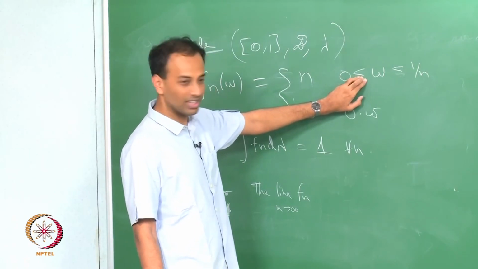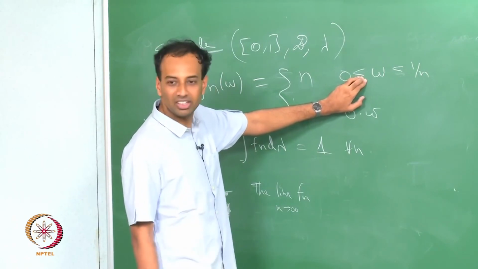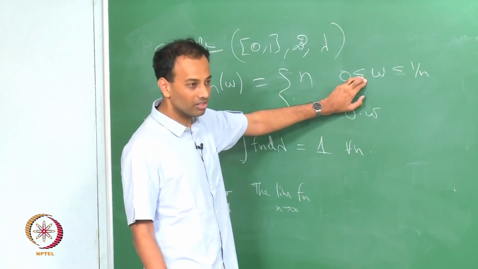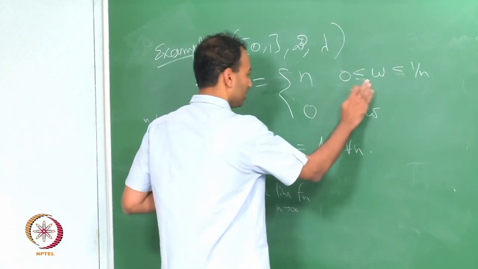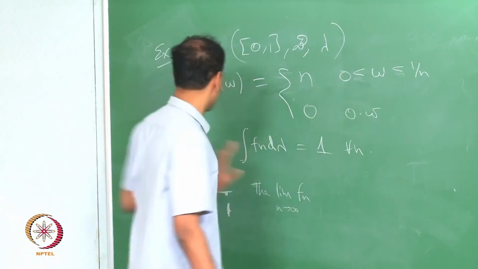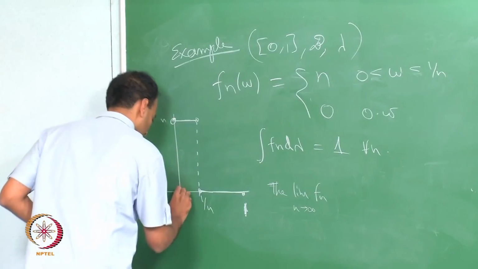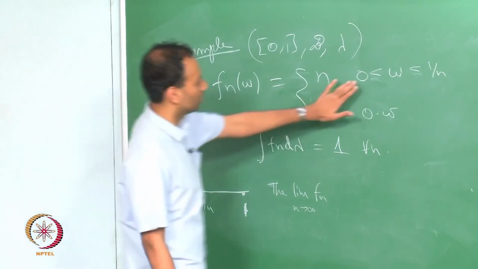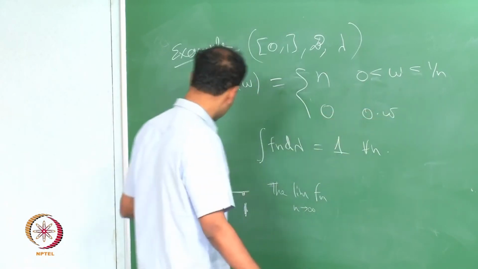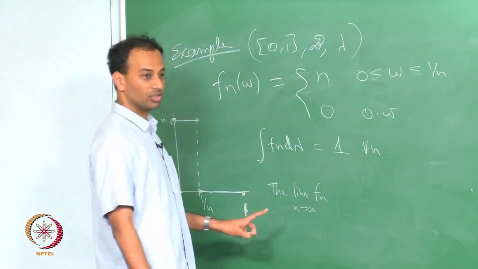If I put a strictly less than here, the limit function will in fact be 0 everywhere. But to avoid confusion, let us just take this. Let me just put the function at 0 here, and at 0 the function is 0.